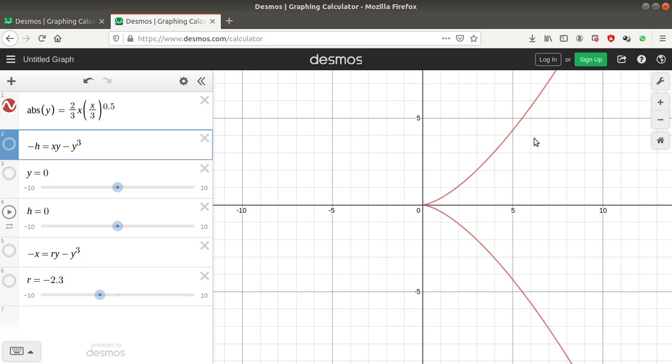So this region is having three fixed points, and this region is having only one fixed point. Okay, so this is not a bifurcation diagram, but this is a bifurcation curve, and this diagram is known as a stability diagram.